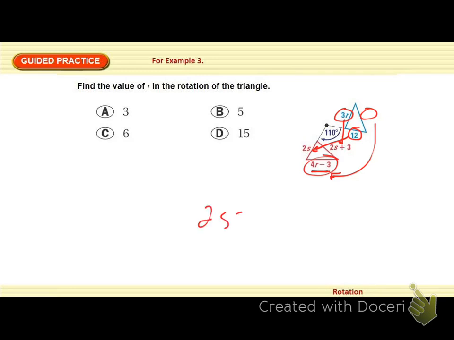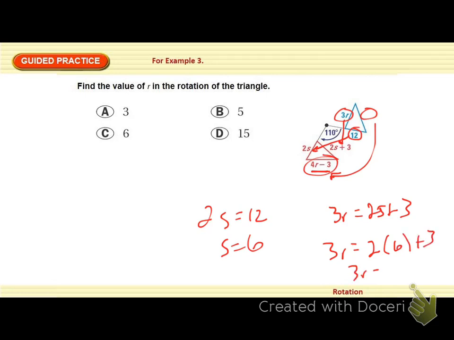We can go 2s equals 12, and we can go 3r equals 2s plus 3. And so to find r, we've got to find s. We can find s with this equation. S is 6. We can plug in 6 for s, and find out that r is 5. Right? So there you go.